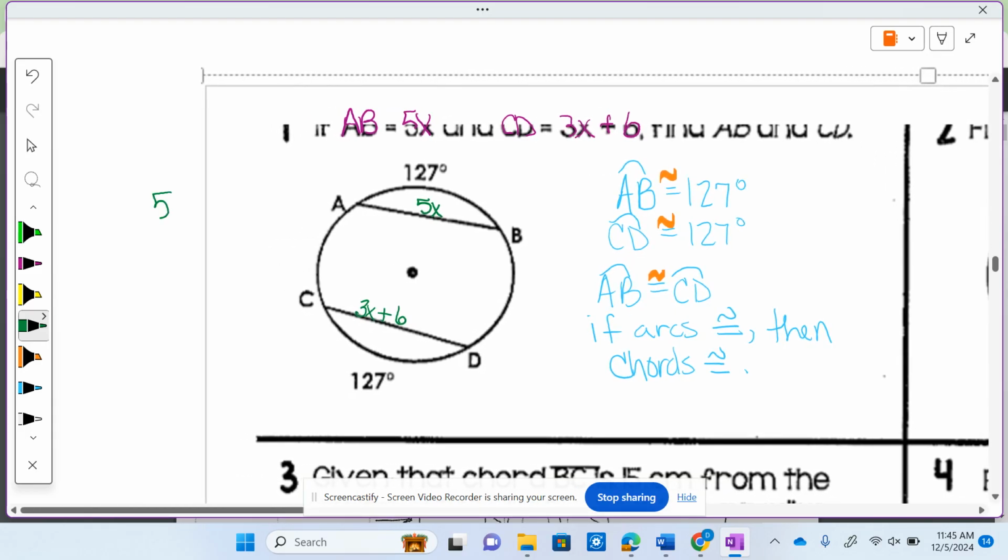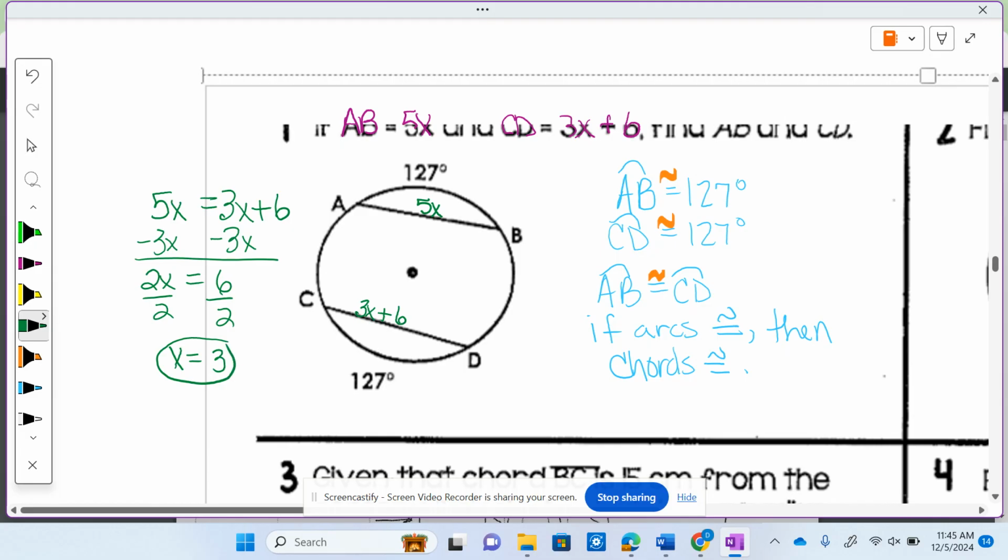Well, I'm just going to set 5x equal to 3x plus 6. And I'm going to solve for x and then just plug it back in, right? Yay or nay? So subtract 3x from both sides. So 2x equals 6. Divide both sides by 2, which means that x equals 3.